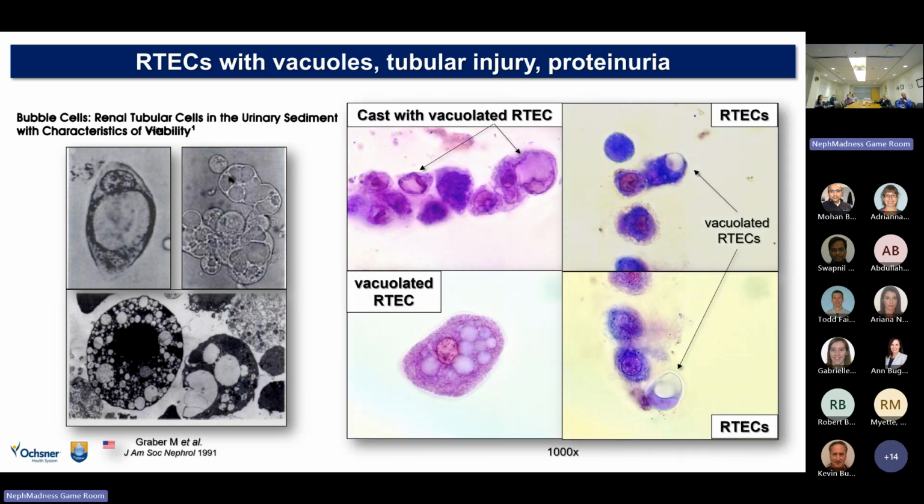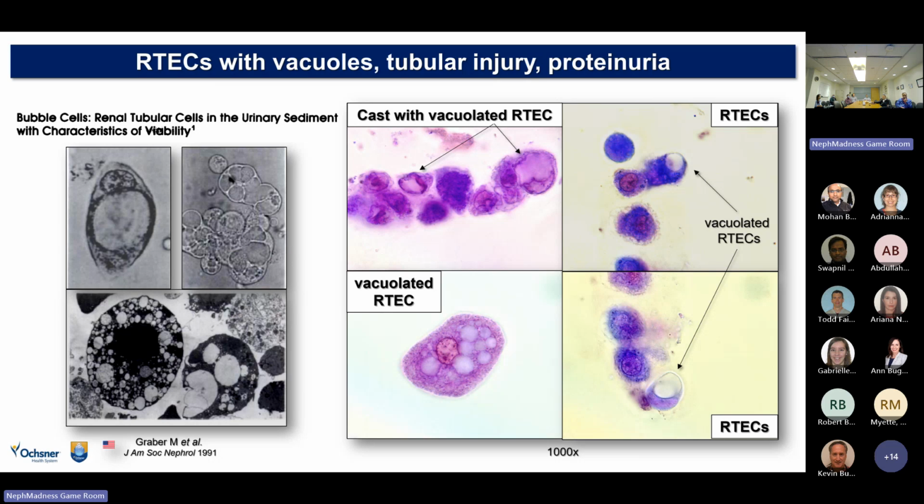And we have actually encountered cases where in the sediment we find this renal tubular epithelial cell cast, and some of the epithelial cells do present with large vacuoles, or sometimes the epithelial cells in isolation have vacuoles. So we speculate that maybe some of those vacuolar casts were renal tubular epithelial cell casts that have degenerated, and the only thing that we have left are those vacuoles.